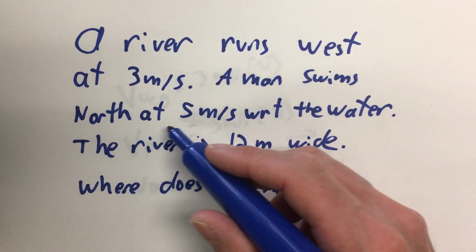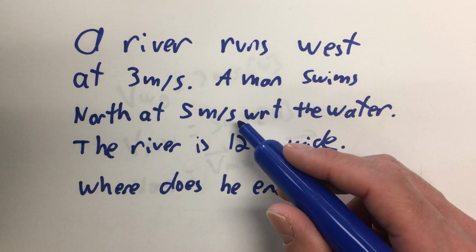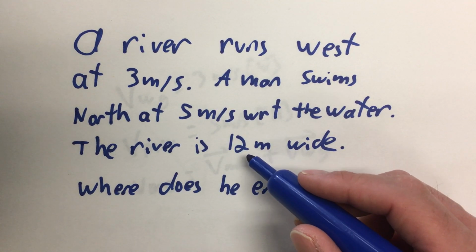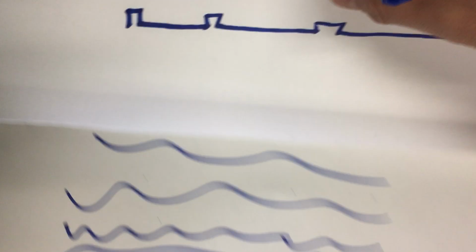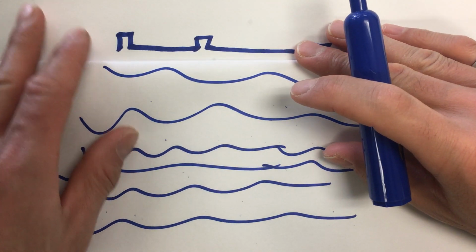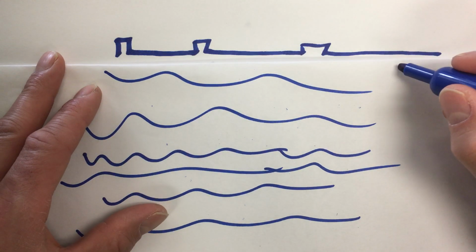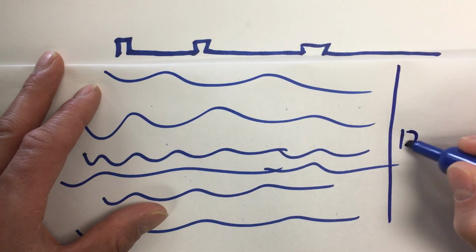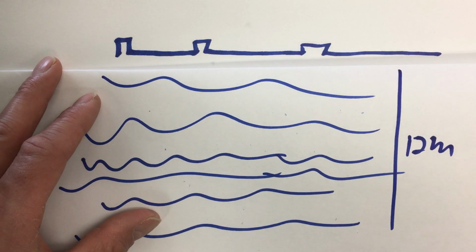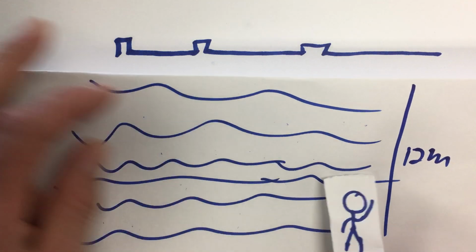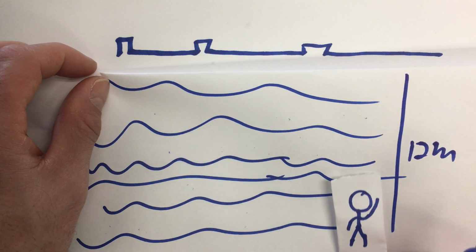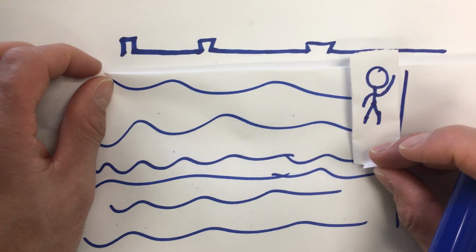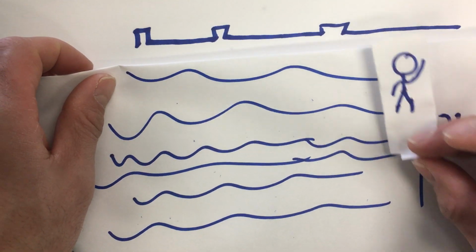The man is swimming north at a rate of 3 meters per second. And as he does so, I'll show you the river again. The question said that this distance from here to here is 12 meters. And our man is swimming this way at 5 meters per second.